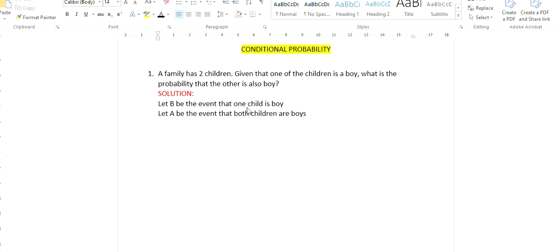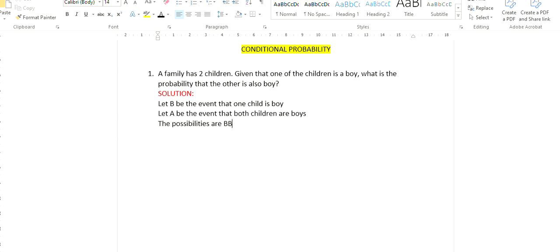Here I'll write the possibilities. They are asking the probability that the other is also a boy.